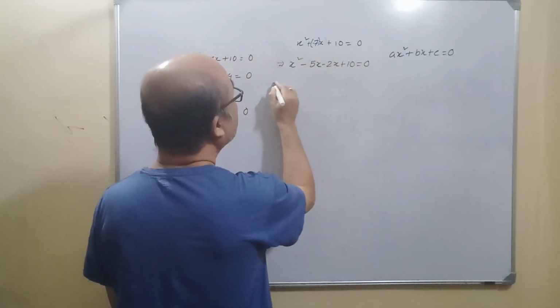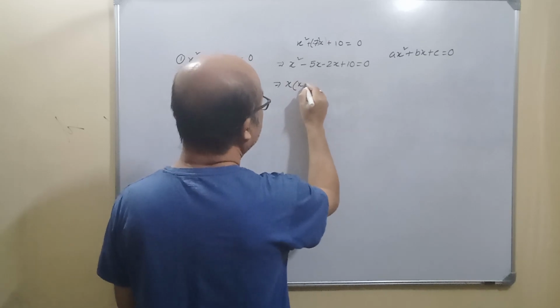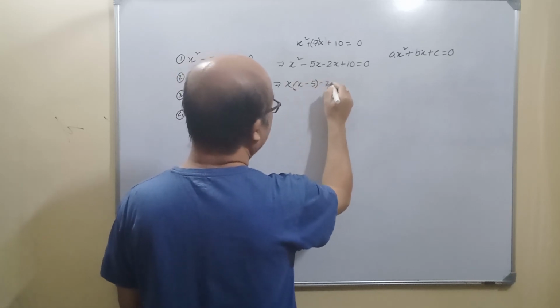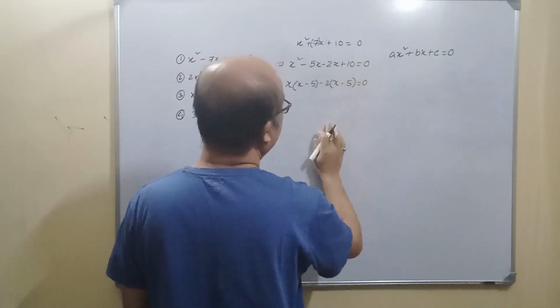So this can be written as x square minus 5x minus 2x plus 10, which is x into x minus 5 minus 2 into x minus 5 equal to 0.